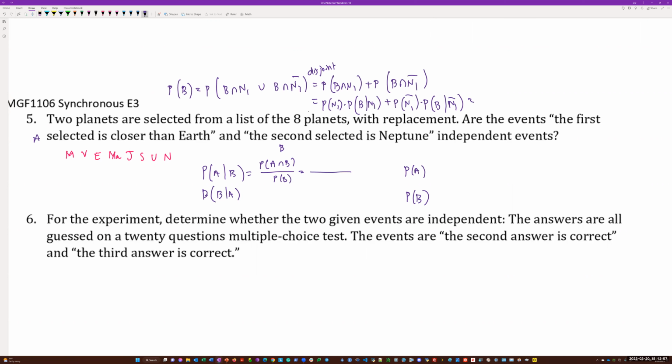All right, the chances that it's Neptune on the second one, given the fact it's Neptune on the first one. Neptune on the first one can happen, but if Neptune on the first one happens, we can't get Neptune on the second one. Is that right? So it's 0.